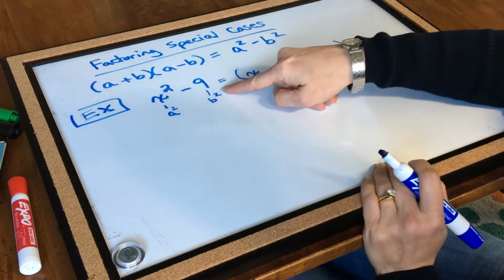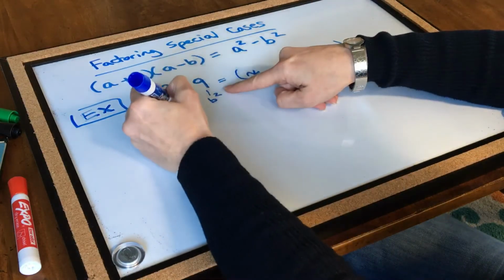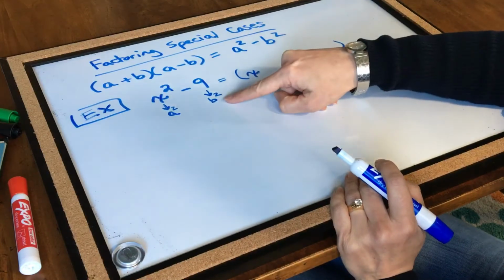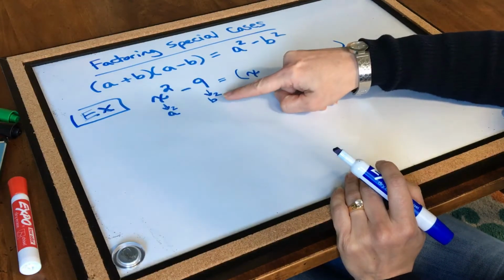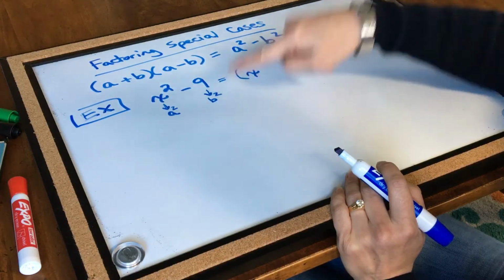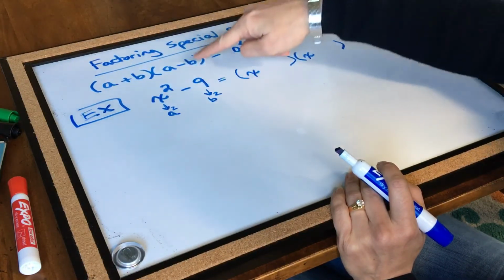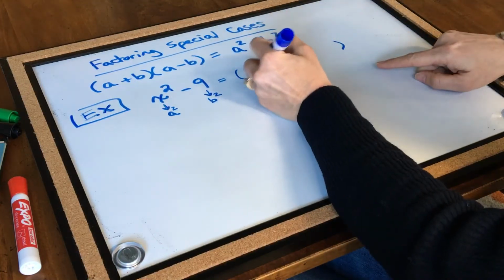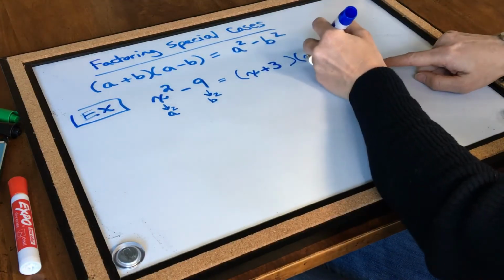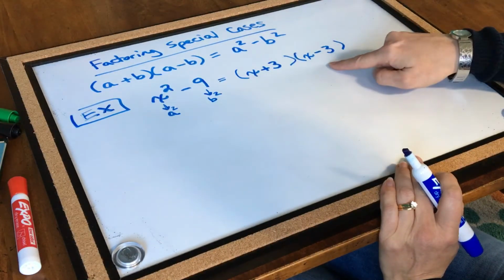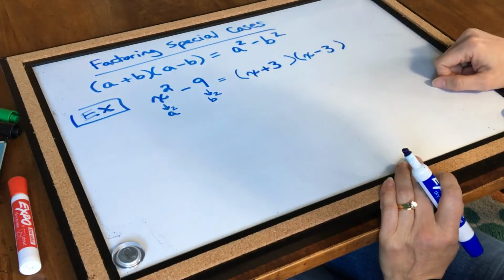And then as I think about the numbers, in order to get 9, I would need 3 squared. So the number that needs to go in the b position is 3. I'm going to make one a plus and one a minus. So I'm going to have x plus 3 and x minus 3. These guys working together will give me x squared minus 9, okay?